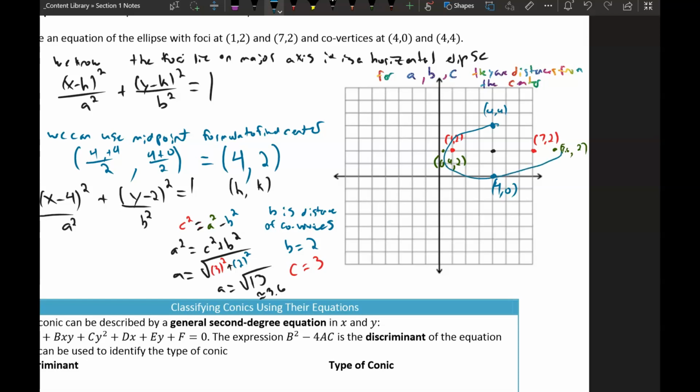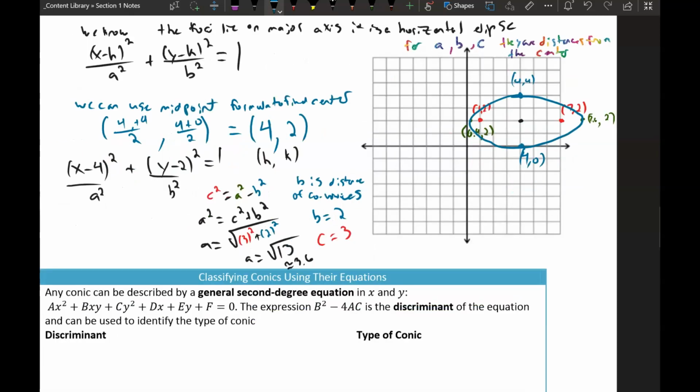That was a terrible ellipse. Let's try that again. One more time. Last try. Better. All right, so let's plug in our A values and our B values.